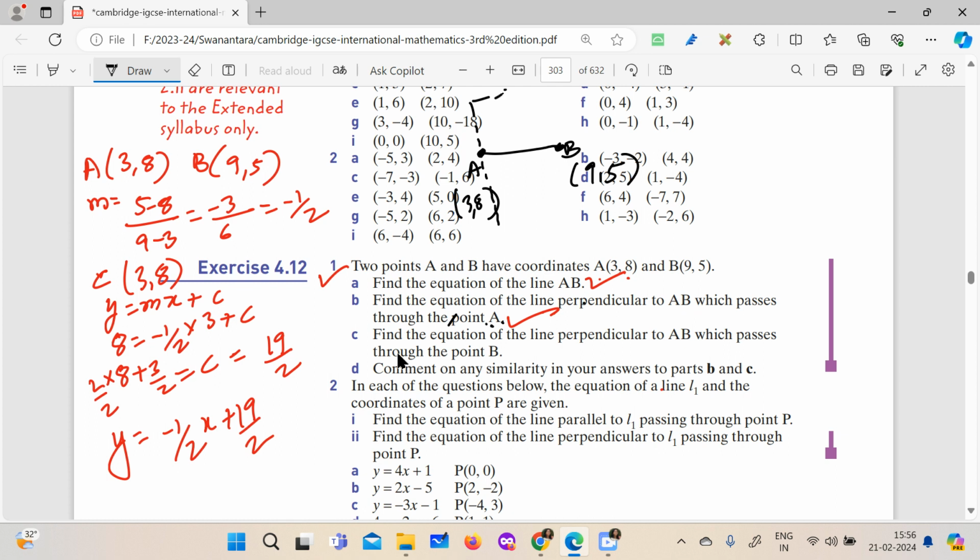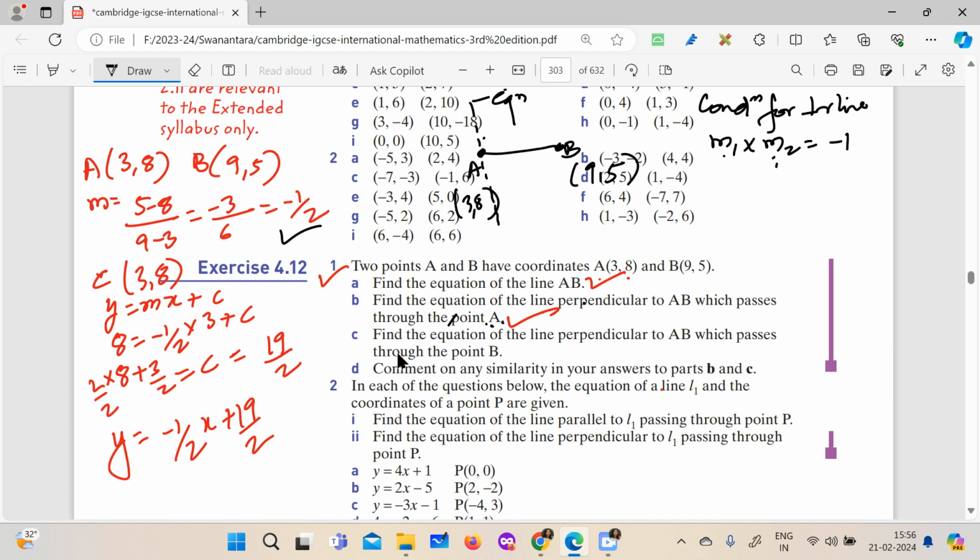Now, the condition for lines to be perpendicular is m1 times m2 is equal to minus 1. Using this formula, we can find the gradient of this line. Let m1 be the gradient of this line and m2 the gradient of the perpendicular line.